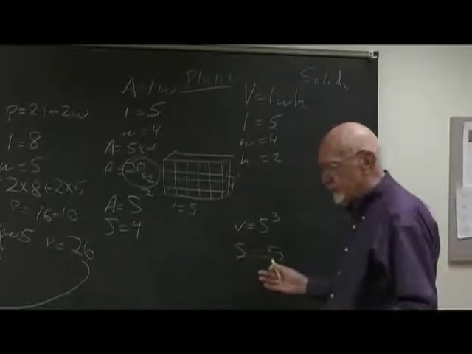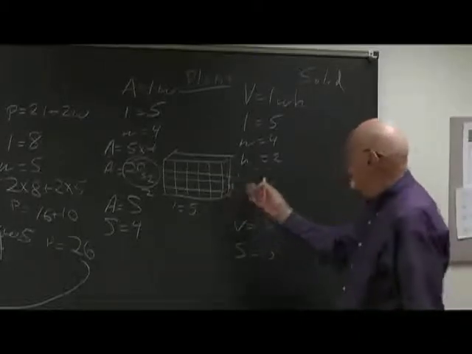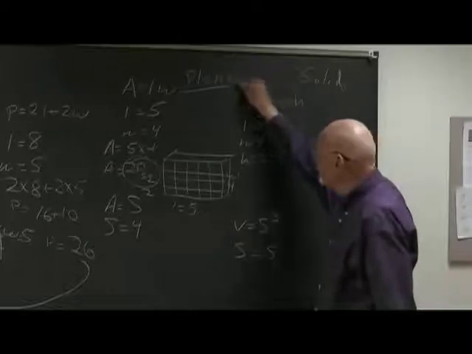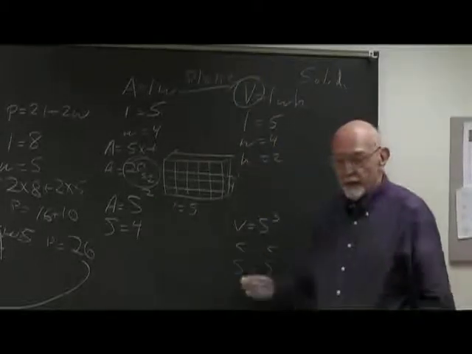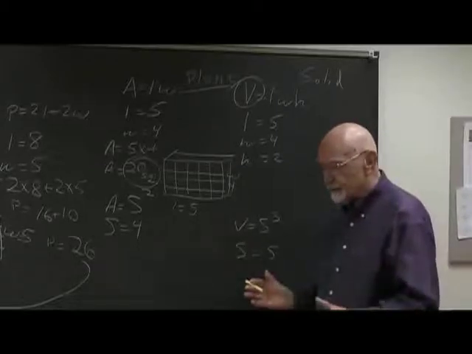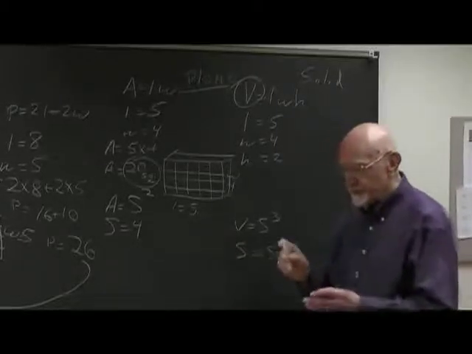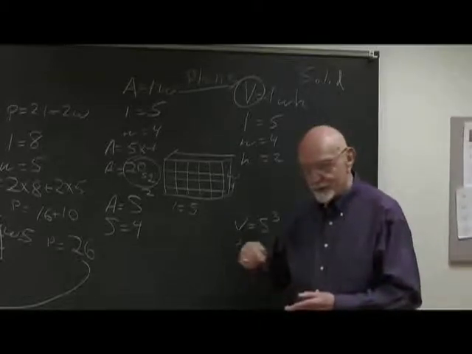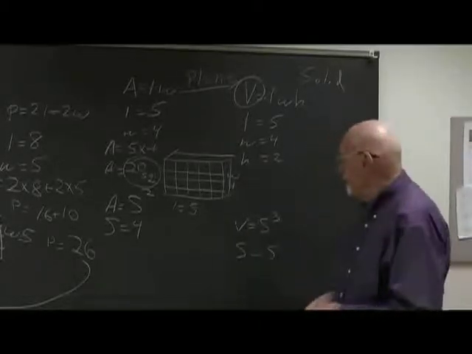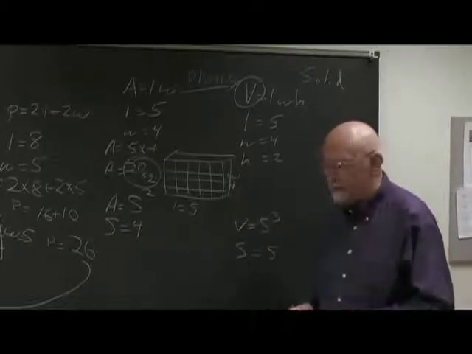If you build a storage shed in your backyard, you want to know the volume. You want to know if you have 1 foot cubic boxes. Cubic is like an ice cube if it's one that's square. You want to know how many boxes would fit in your storage building.